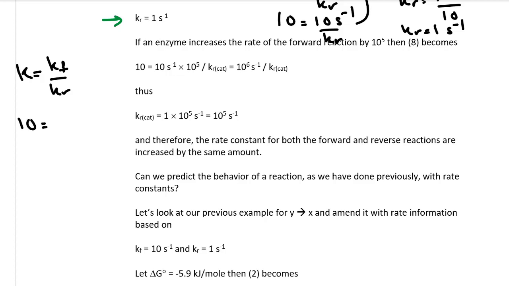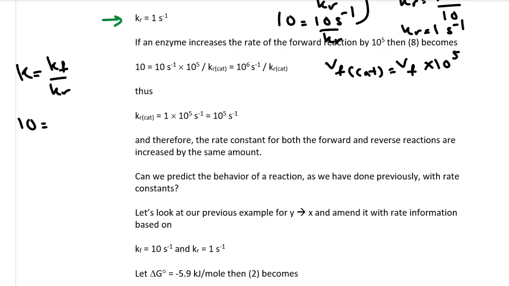We're saying that the enzyme increases the rate of the forward reaction by 10 to the 5. Okay, so we're increasing Vf cat equals Vf, the normal Vf without the enzyme, times 10 to the 5. Right? Okay, so now what is Kf cat? So we're going to calculate that. And we did that before, but we're going to do it again.